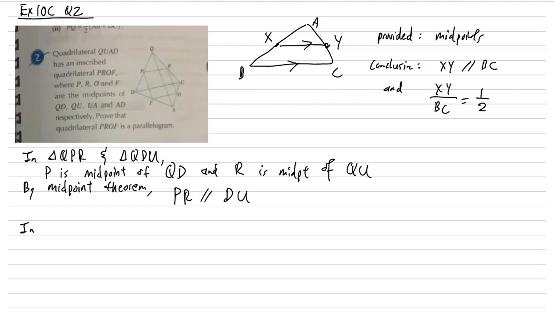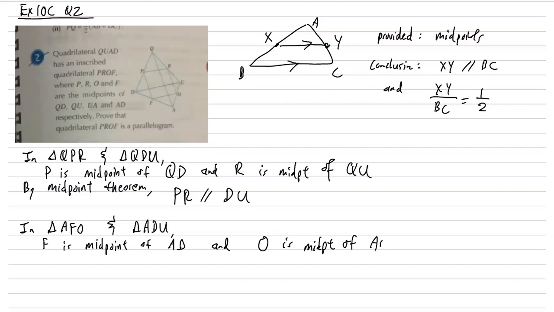Next, we look at another pair of triangles. In this case, it will be AFO and ADU. It's the same working, it's just that this time F is the midpoint of AD, and O is the midpoint of AU.